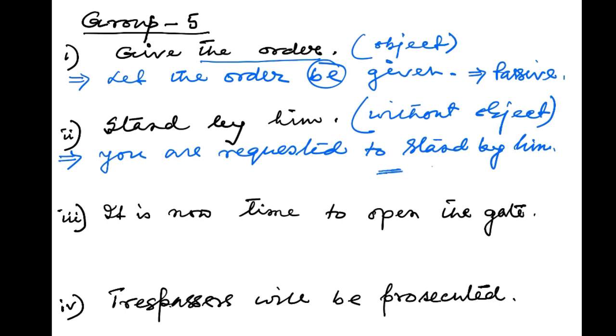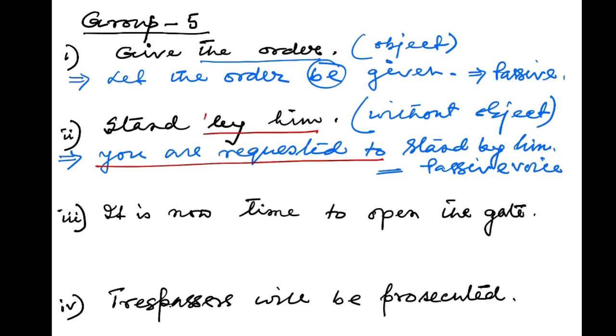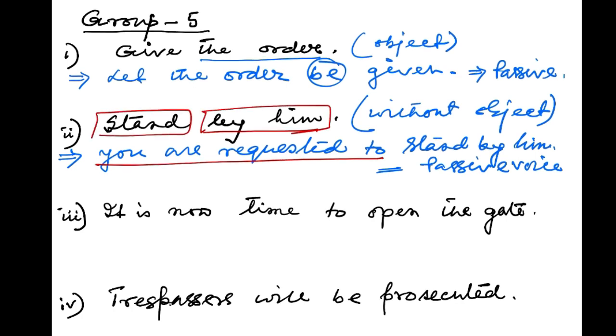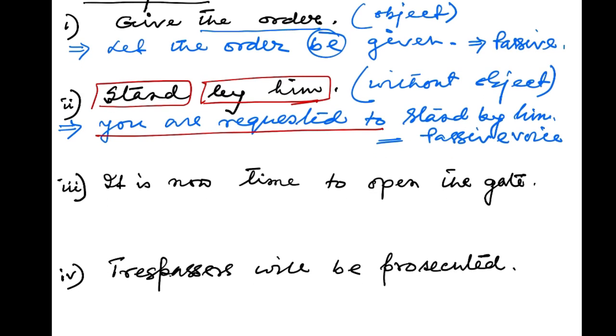This is also a passive voice. It's because it is an imperative sentence without an object. Okay, no object is here. Students, you have learned all these things, I think, from my previous videos.